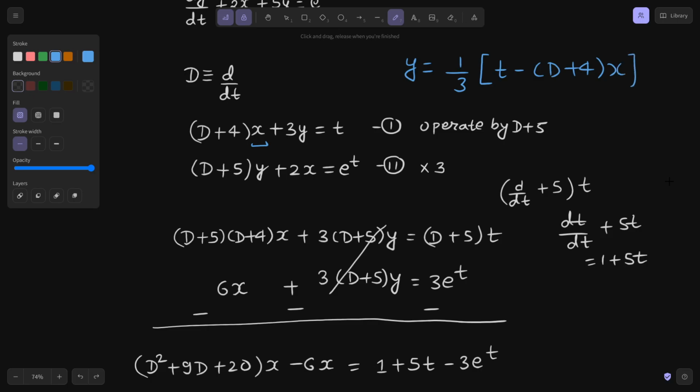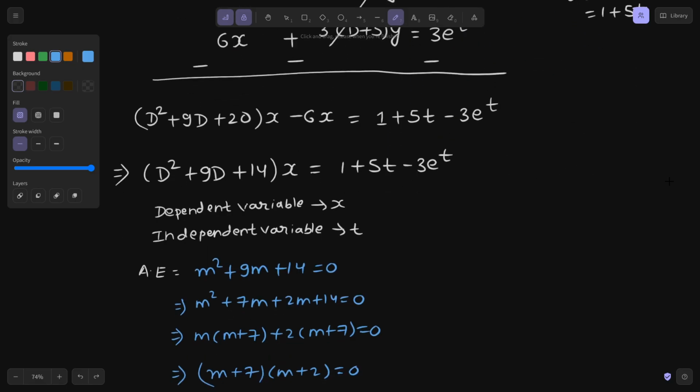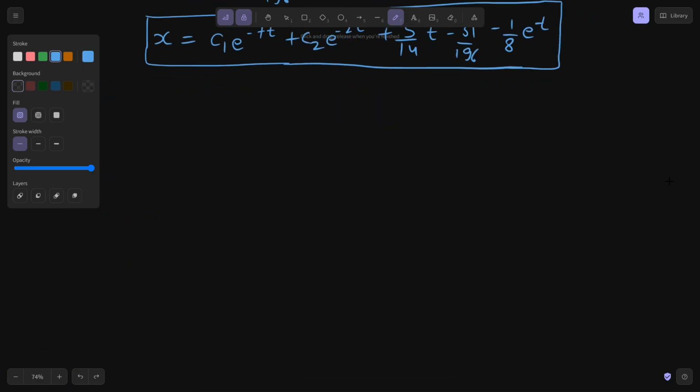I can write like this in order to find y. So let's find y first. So 1 by 3 t minus d plus 4x. Y equals 1 by 3 t minus d plus 4 operating on x.